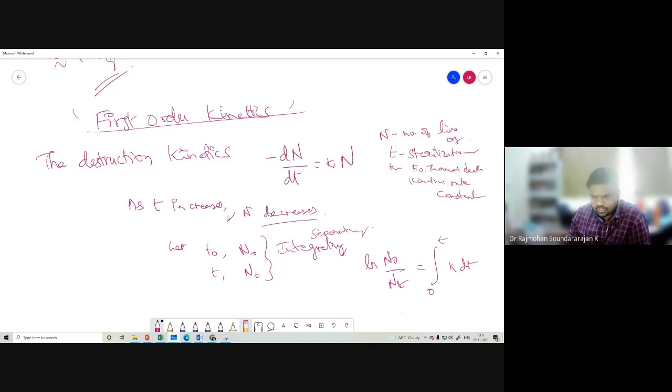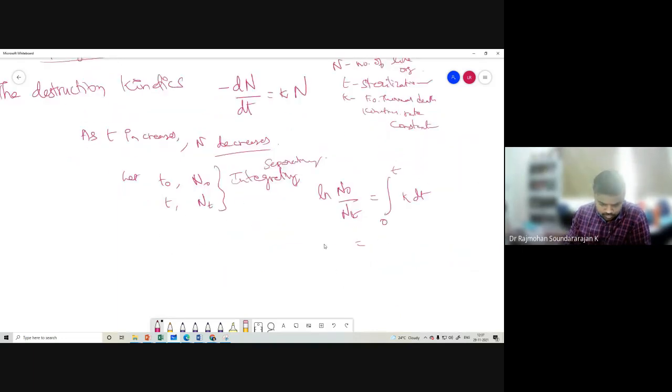What do you get here? Remember, N_t is the number of microorganisms present after sterilization time t, that is, the number of surviving cells.